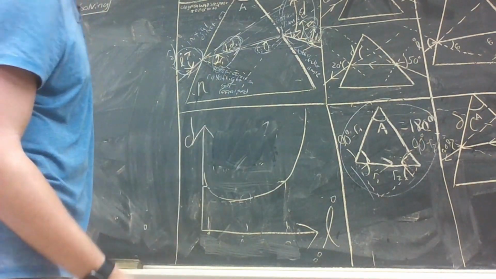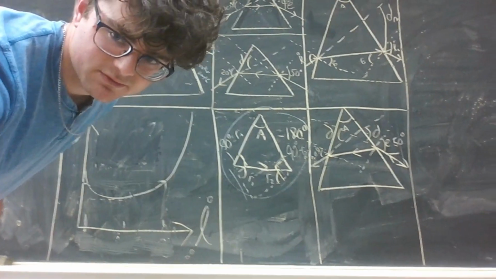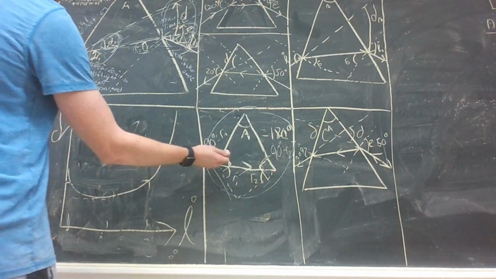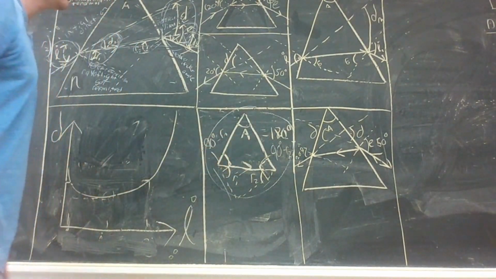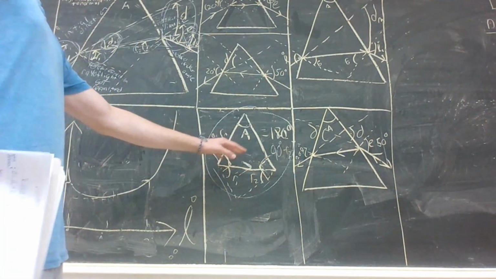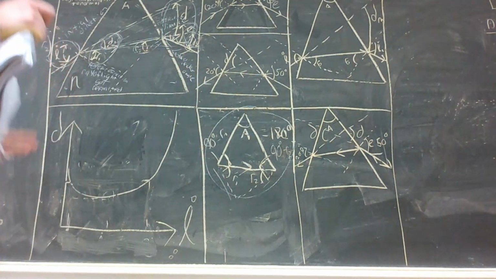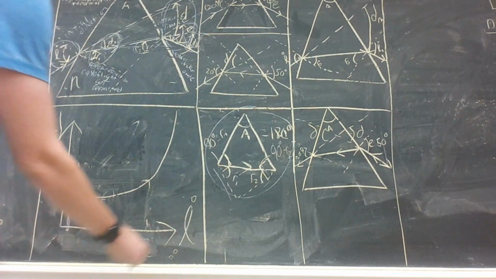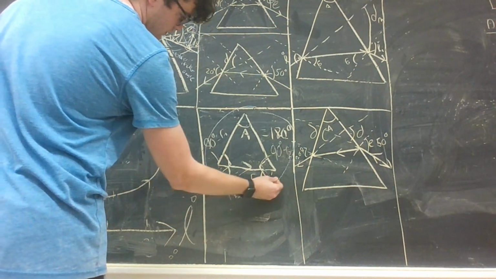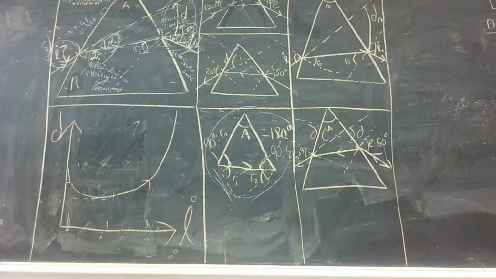All we need to focus on is this top half of the triangle. We assume it's a triangle, so it equals 180 degrees, and these are the two angles of refraction right here.